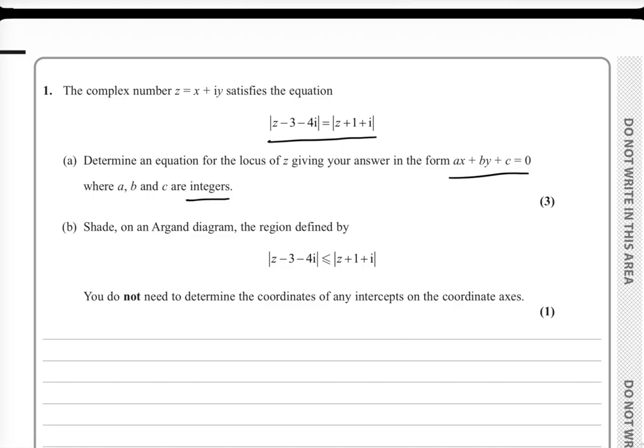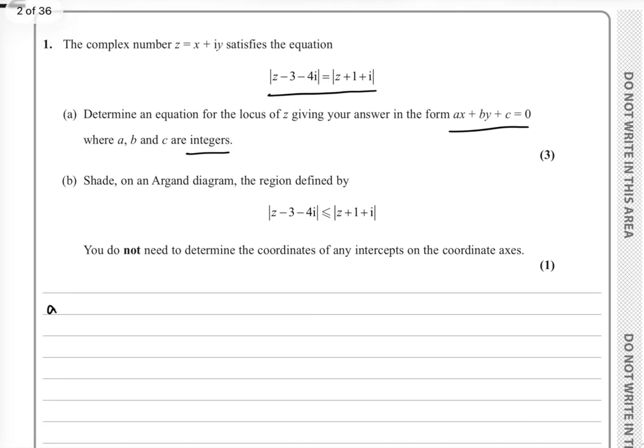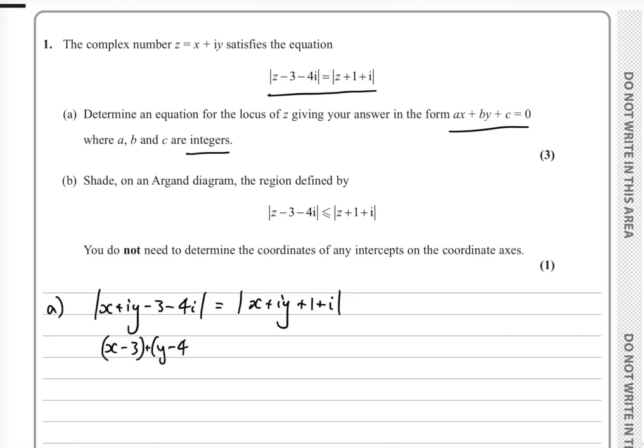Okay, with a question like this, we're going to substitute in x plus iy for z, collect the real and imaginary parts, and then square both sides to get rid of the modulus. x minus 3 is the real part over here, y minus 4 is the imaginary part.